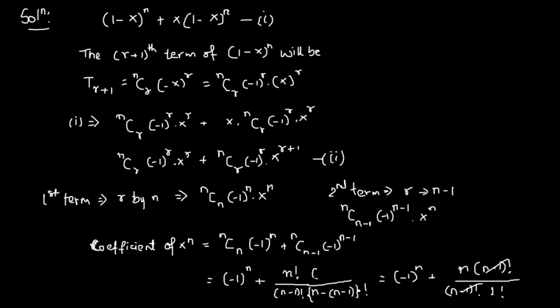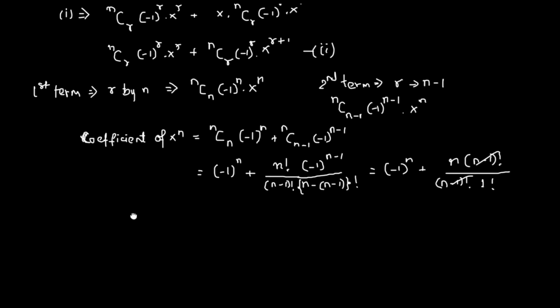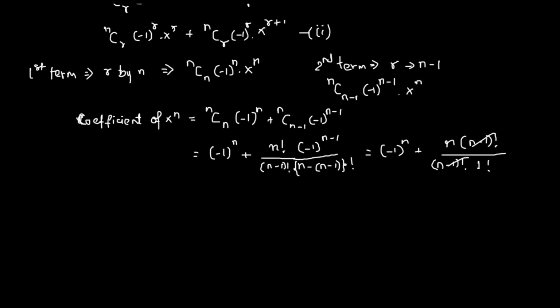Or we also have negative 1 raised to the power of n minus 1. So this would finally give us negative 1 raised to the power of n plus, we have left out the negative 1 raised to the power of n minus 1, which can be written as negative 1 raised to the power of n times negative 1 raised to the power of negative 1.